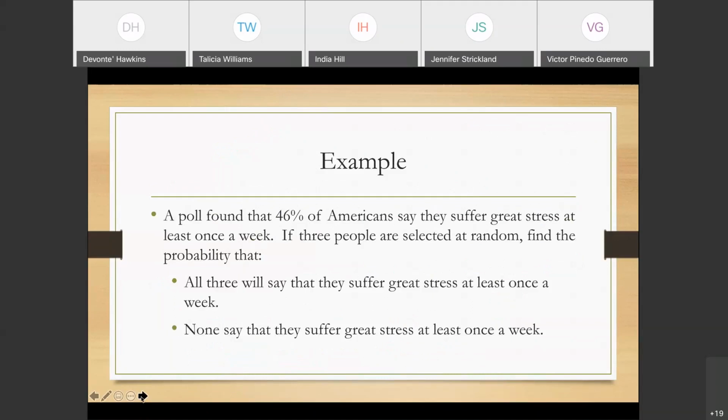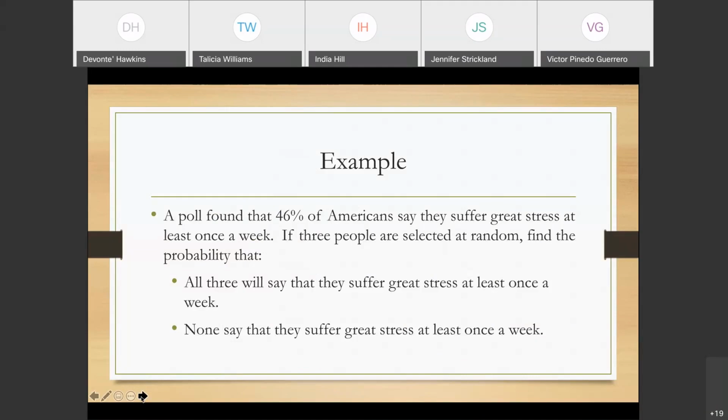All right, this is also a very common setup in the homework. You'll see a fair number of these kinds of problems where they're giving you a percentage and then asking you to find a probability that multiple people are doing something. This says a poll finds that 46% of Americans say they suffer great stress at least once a week.